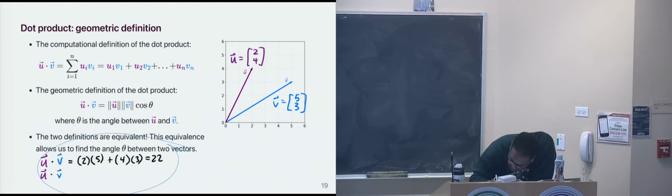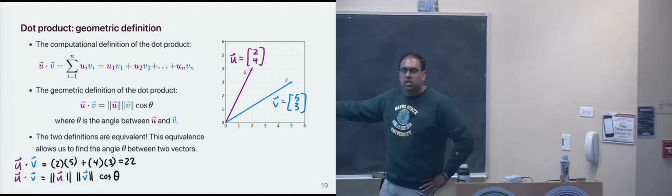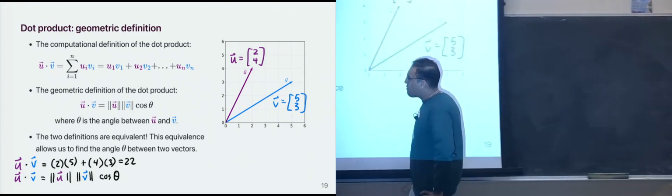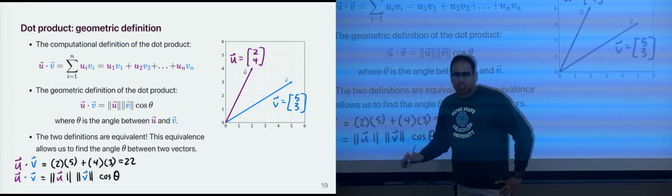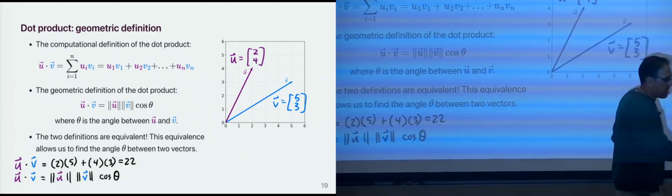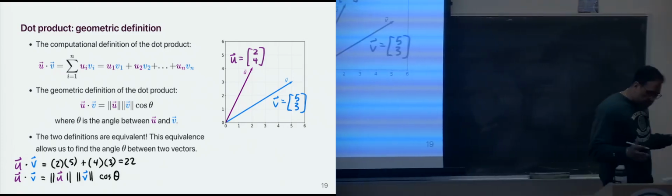The other way is by doing the length of u times the length of v times the cosine of the angle between them. Sound okay? Can we find the length of u and the length of v? Yeah, it's not that pretty looking, but we can do it.